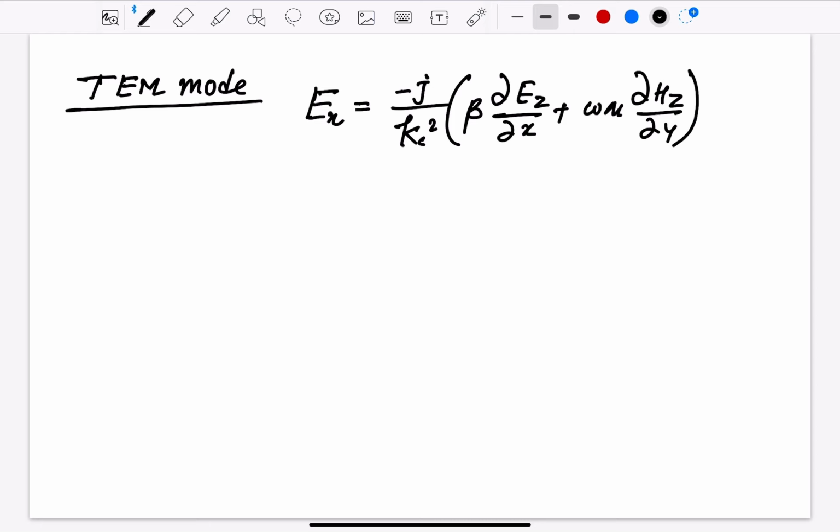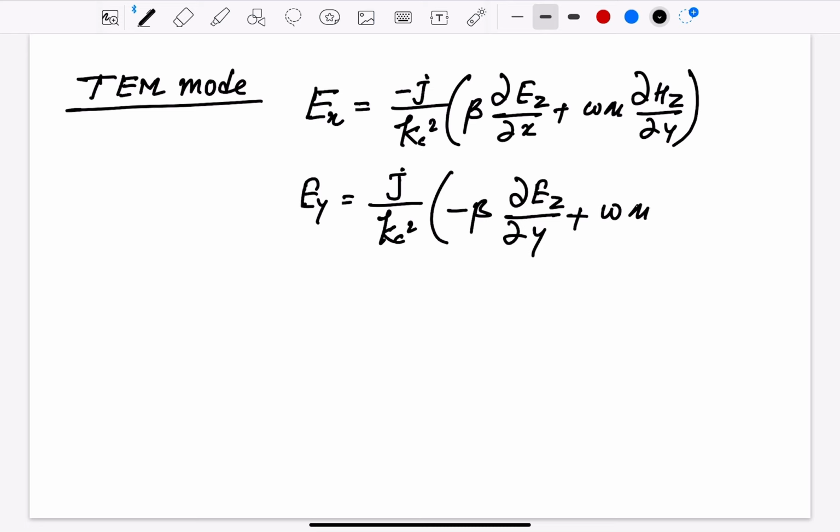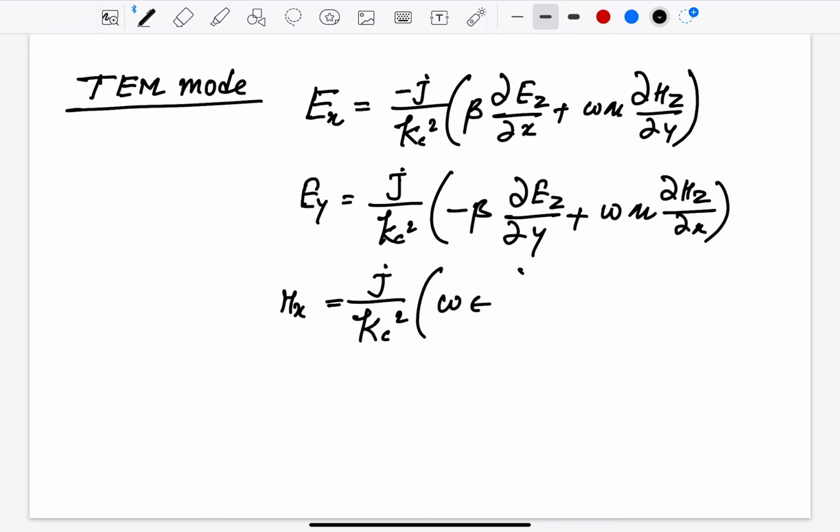So this is the Ey component: j divided by kc square, minus beta dou Ez over dou y plus omega mu dou Hz over dou x. The other two magnetic components: Hx is equal to j by kc square, omega epsilon dou Ez over dou y minus beta dou Hz over dou x.